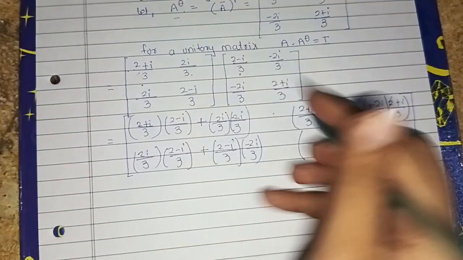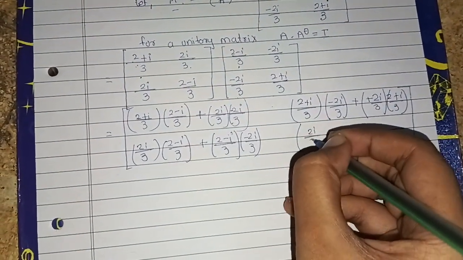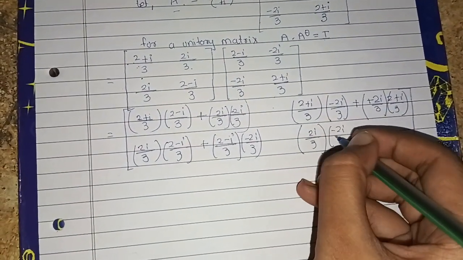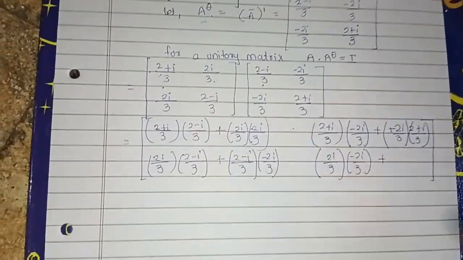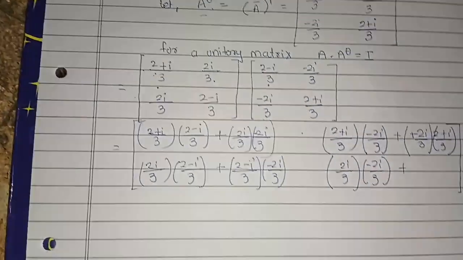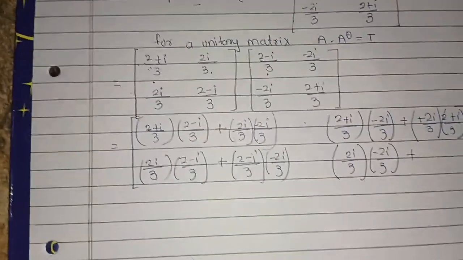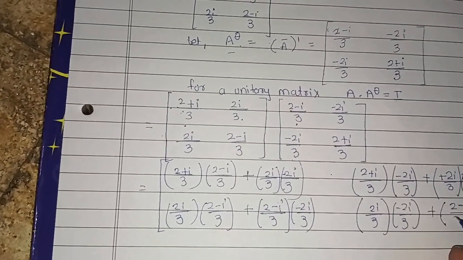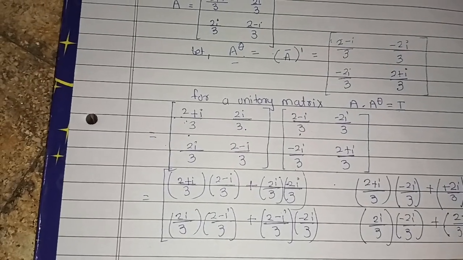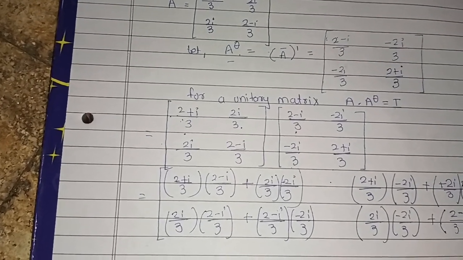I hope you understand. 2i by 3 minus 2i by 3, plus, now I am multiplying this term a22 to a22, 2 minus i by 3, 2 plus i by 3.